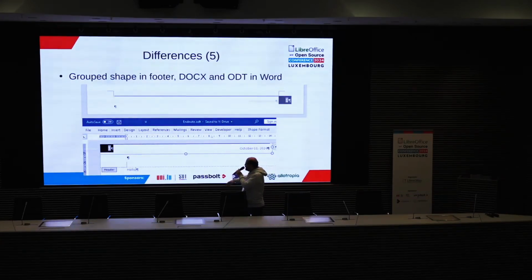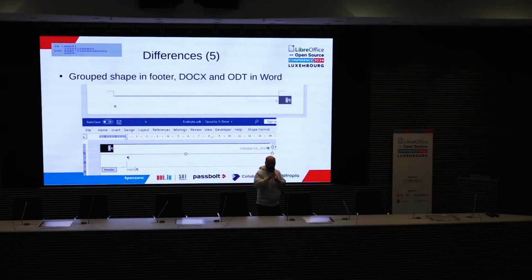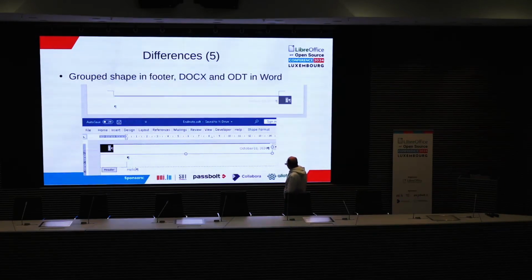Also, this black grouped shape went from the right side of the page to the top left corner. Very bad. The date is actually a date content control, and this answers the question which I would always ask myself: who the hell uses content controls?